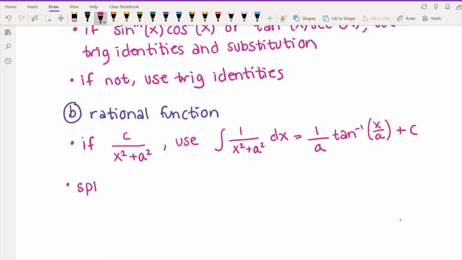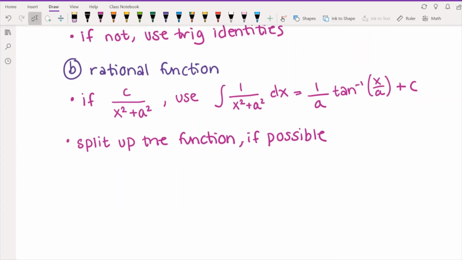Another thing you want to look for is whether you can split up the function. These are kind of overlapping with some of the earlier rules that we wrote, but I want to mention them because we've recently learned that you can do partial fractions with rational functions, and I want to make sure that you are thinking about the easier methods first.